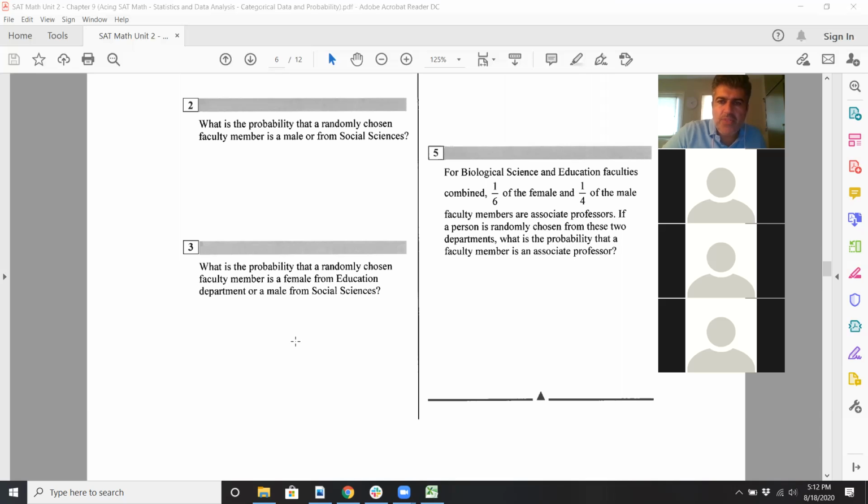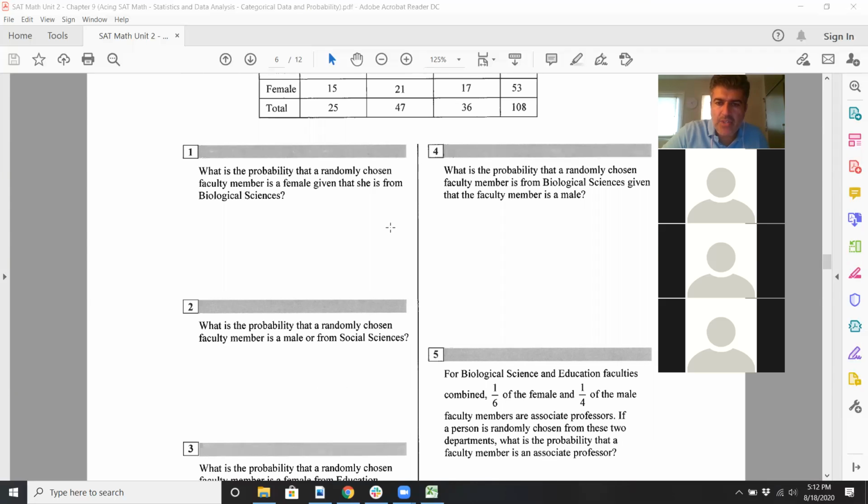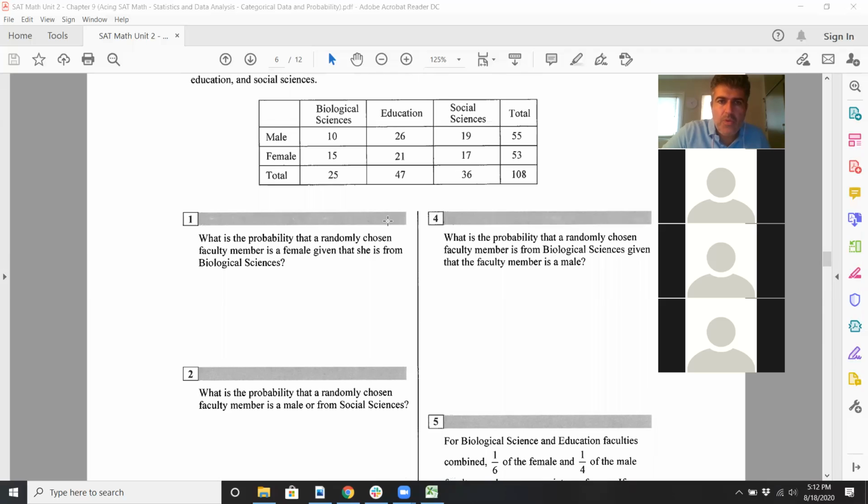for biological science and education faculties combined, 1/6 of the females and 1/4 of the male faculties are associate professors, okay? If a person is randomly chosen from these two departments, what is the probability that the faculty member is an associate professor? Okay, so for the biological and education faculties, 1/6 of the females.